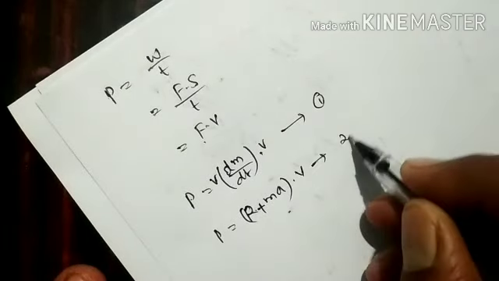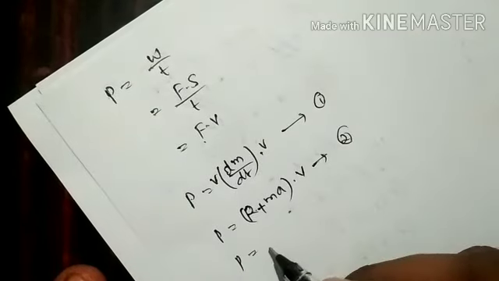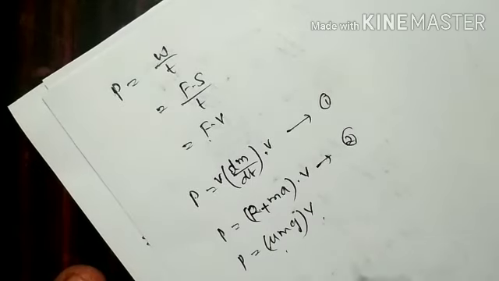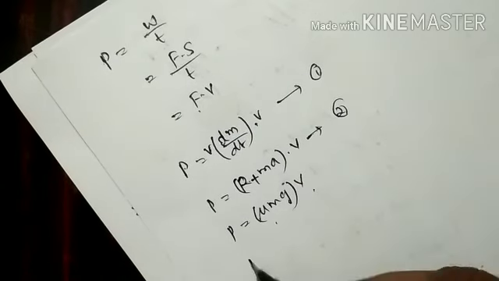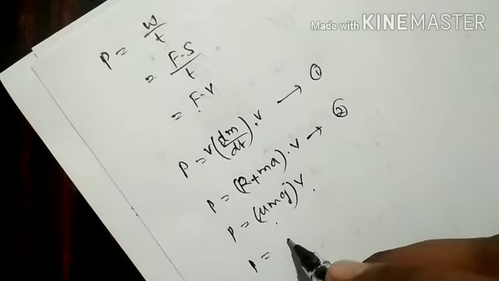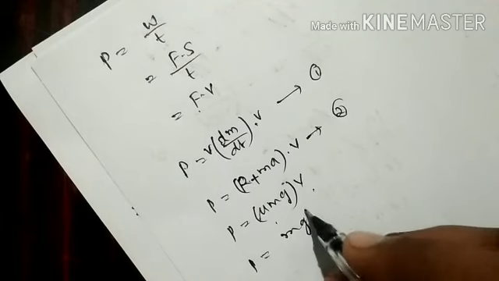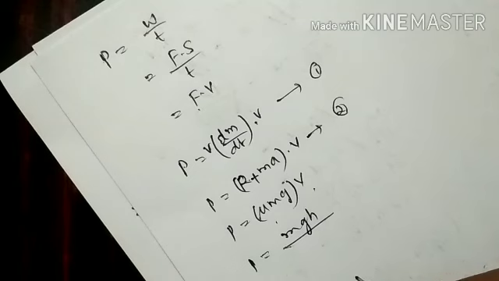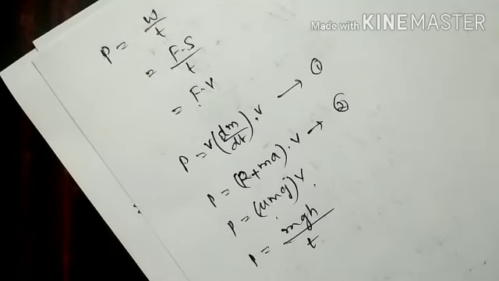And if it is moving only on a rough horizontal surface, you can also write P is equal to mu mg, this is the frictional force, multiplied by the velocity. So like this we are getting different forms. And for the power of a crane or a pump, we can write work done is lifting an object against gravitational force, mgh, within a time of t seconds or t minutes. So depending on the problem you can write.